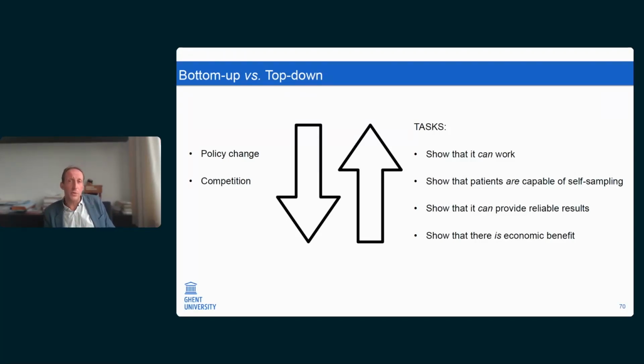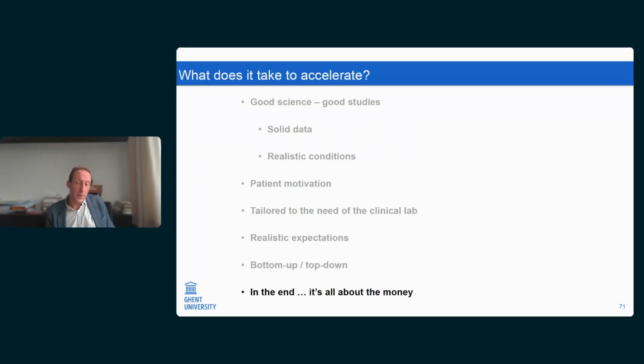We should also show that patients are capable of self-sampling, that it can provide reliable results, and importantly, that there are economic benefits that may lie in the approach of microsampling.